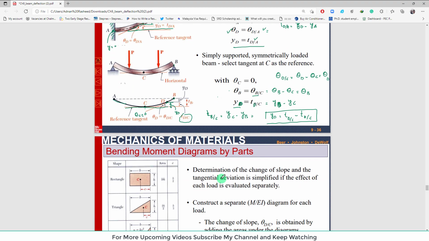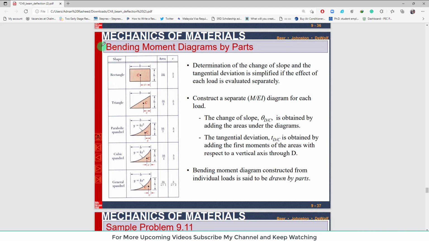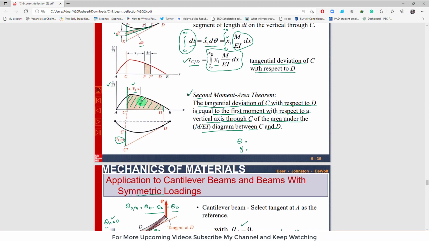Now we will move toward discussing the bending moment diagram by parts. If you look at previous slides, these were the areas between point C and D in the M over EI diagram. It is very difficult to find the area of such curves.